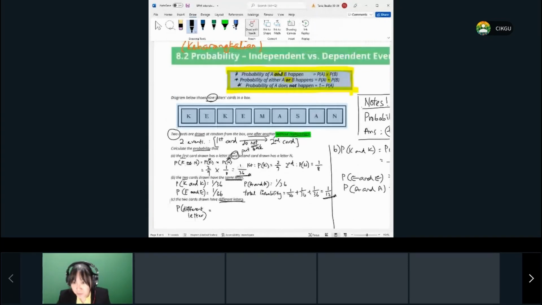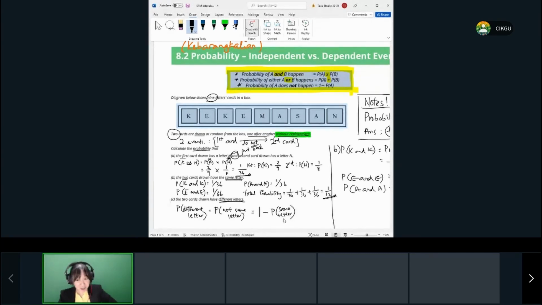Basically, if you want to pick 2 different letters, in other words, you want the probability of not picking the same letter in both draws. So what is the probability that an event doesn't happen? All you need to do is take 1 minus the probability of the event that you don't want to happen. For this case, I don't want the same letter to happen.